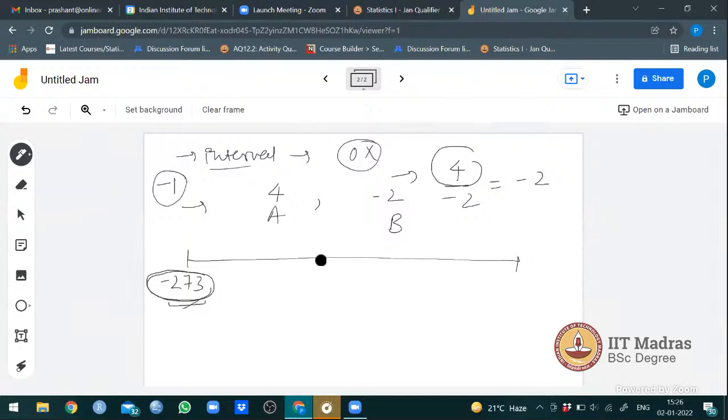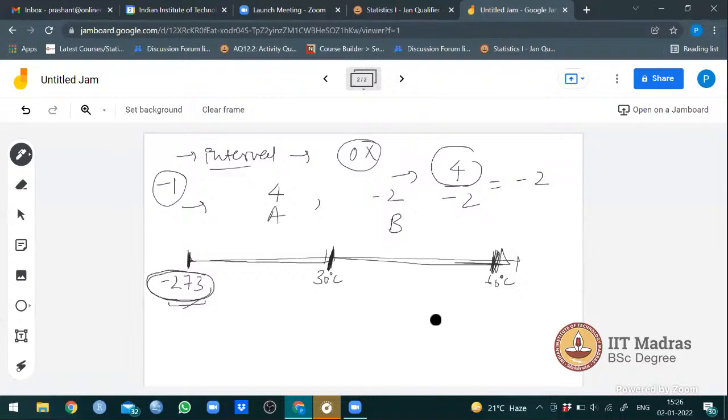And suppose there is 30 degrees Celsius and 60 degrees Celsius. Can you tell that reaching 30 degrees Celsius is half of reaching 60 degrees Celsius? No, we cannot.